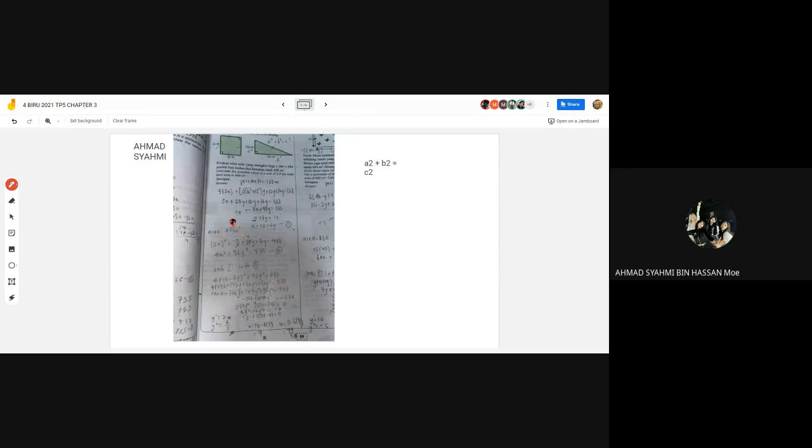So the square, both sides must be multiplied. So 2x times 2x, so it becomes 4x square. For the triangle, the formula is half times both sides except the hypotenuse.